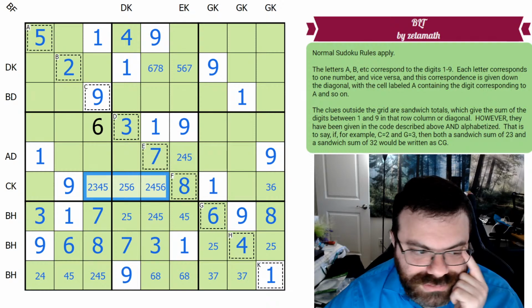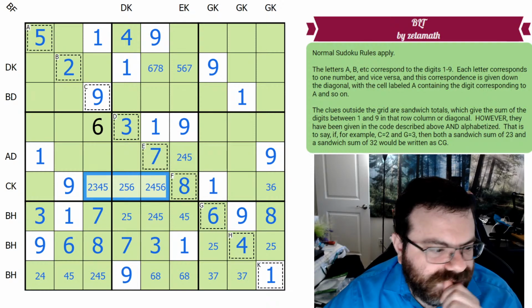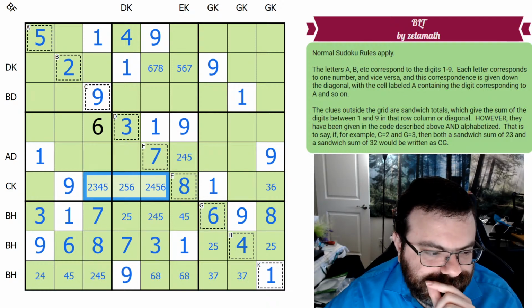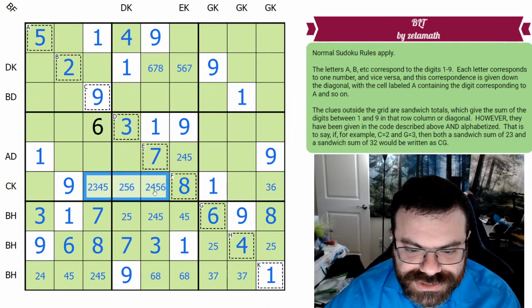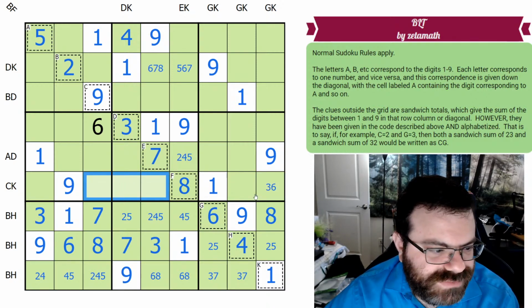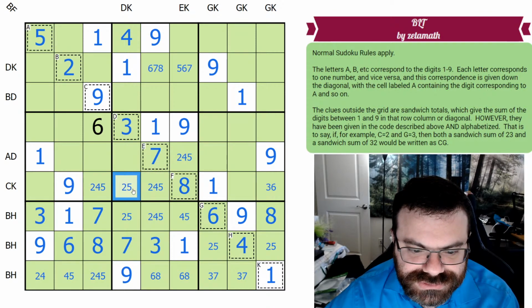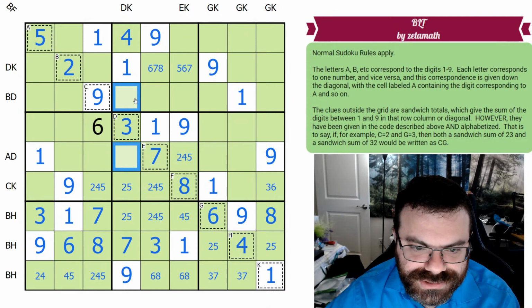Wait. Oh, but we have an 8 already. Yeah, we can't be 2, 3, 6 anymore because that breaks this cell. So we have to be 2, 4, 5. It's not 4. That gives a 2, 5 pair here. So we have 1, 2, 3, 4, 5. We need 6 and 8. Is that resolved? No?